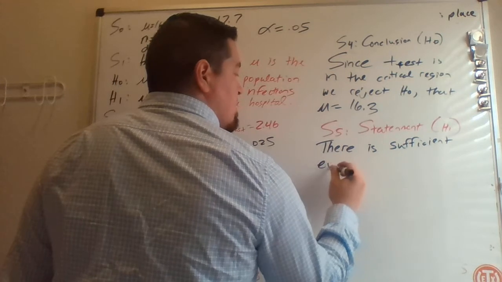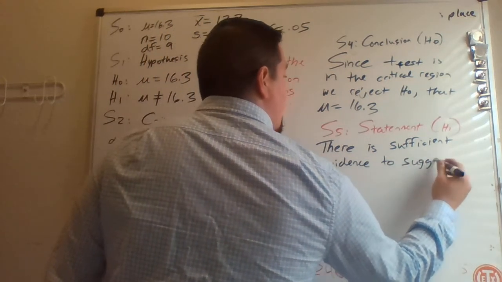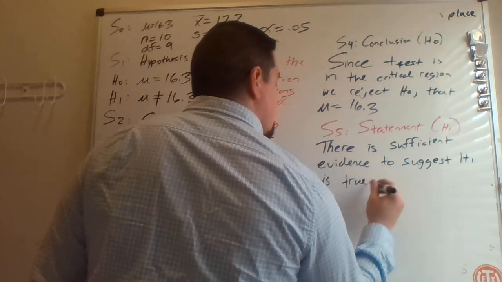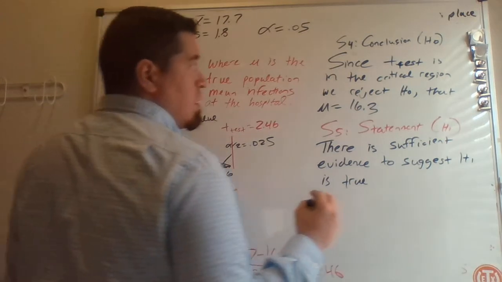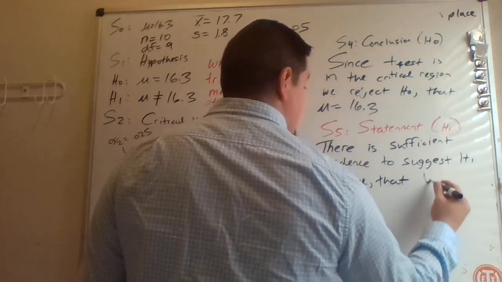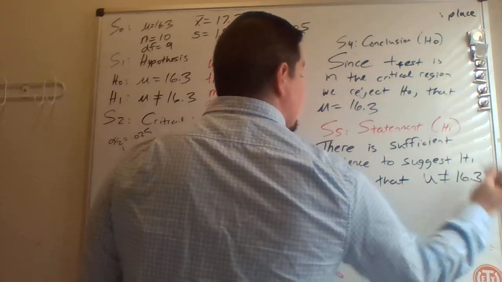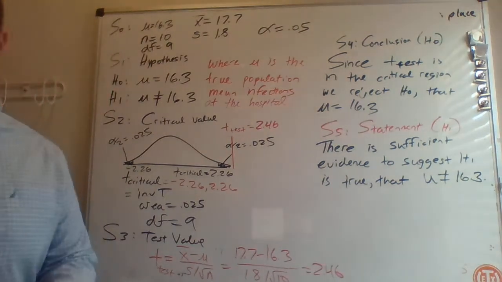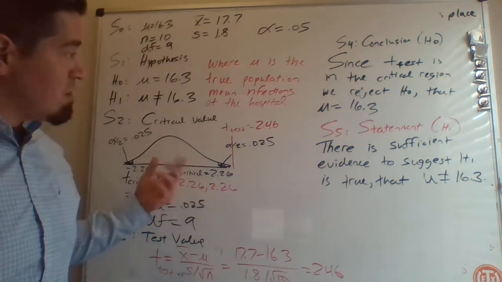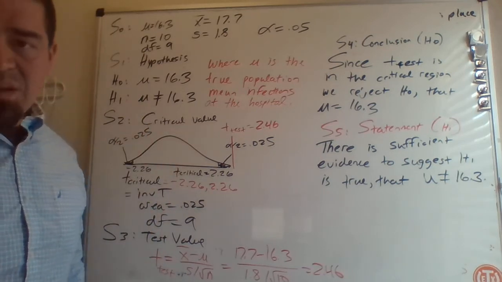There is sufficient evidence to suggest H1 is true, that the mean number of infections in the hospital is not 16.3. Okay, so you see 17.7 is pretty close to 16.3, but statistically we were able to figure out that it's actually different.